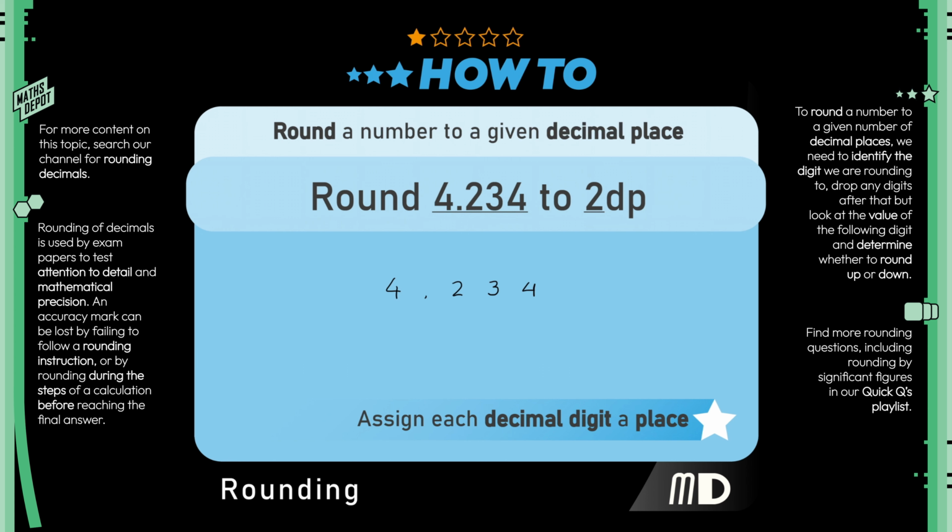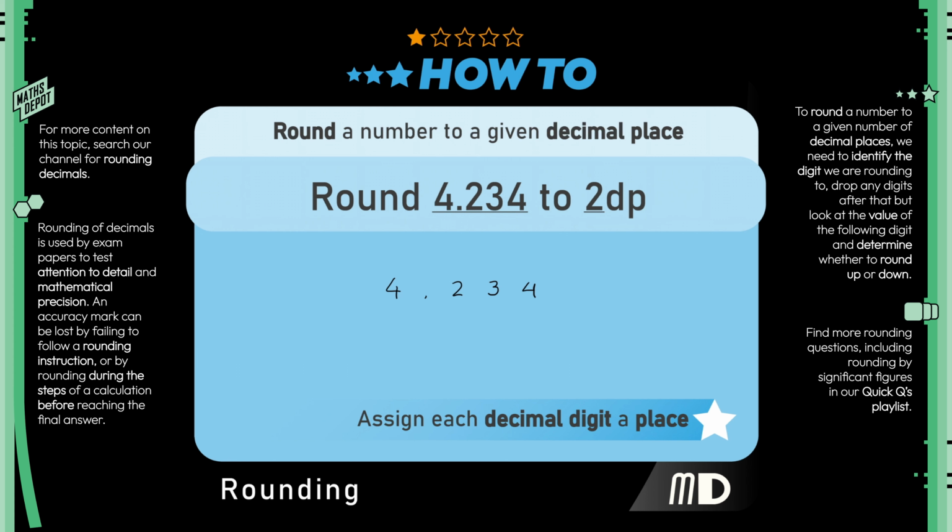To round a decimal number to a given number of decimal places, we first need to understand that every digit after the decimal point has a unique position. The first decimal place is the first digit after the decimal point. The second decimal place is the second digit after the decimal point.